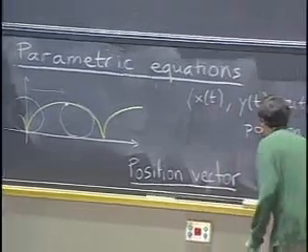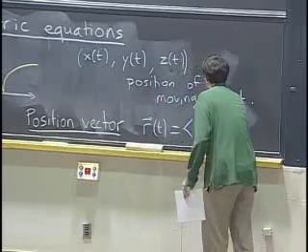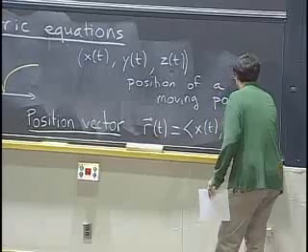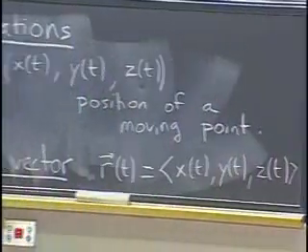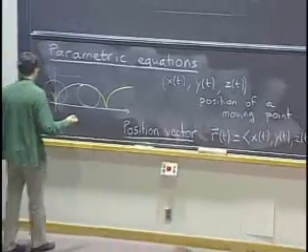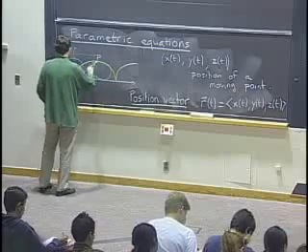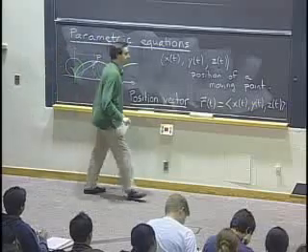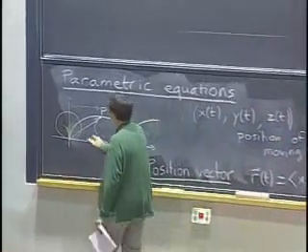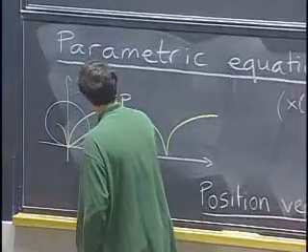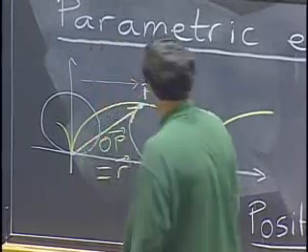So the position vector is just the vector whose components are the coordinates of the point. If you prefer, that's the same thing as the vector from the origin to the moving point. So maybe our point is here, P. So this vector here is vector OP, and that's also the position vector R of t.